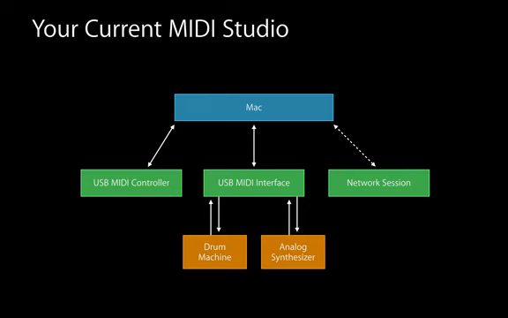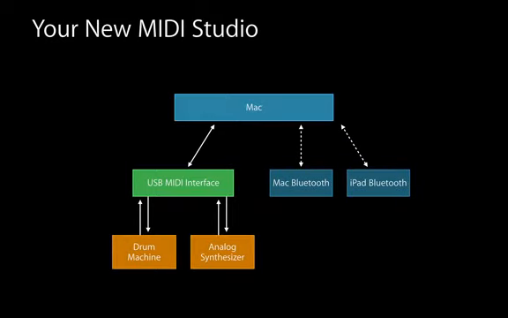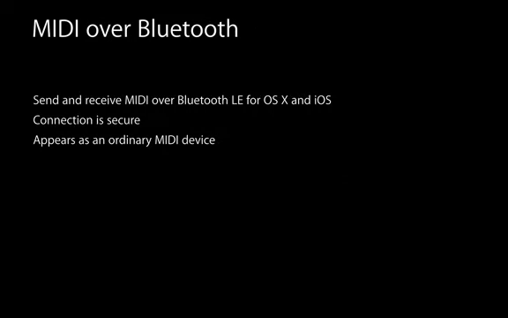And then also you may have a network session going. Well, beginning in iOS 8 and in macOS 10 Yosemite, your studio can start to look like this. So imagine after making a very quick Bluetooth connection, sitting down on a couch on the other side of the room of your studio and controlling all of your music. That's what you'll be able to do with MIDI over Bluetooth.